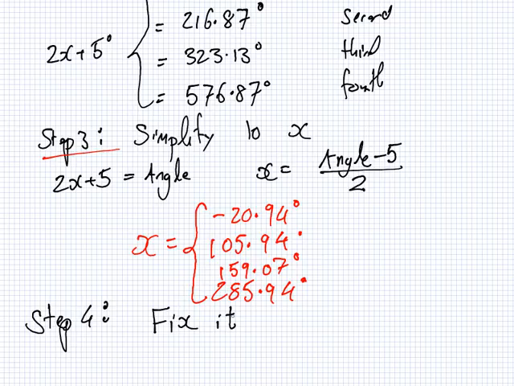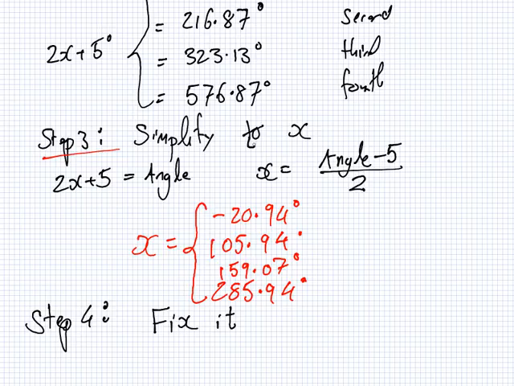The first one? Number 3? 159? 10x? 2x? Where's 10x? Simplify. Oh, simplify 2x, not 10x. Yes.